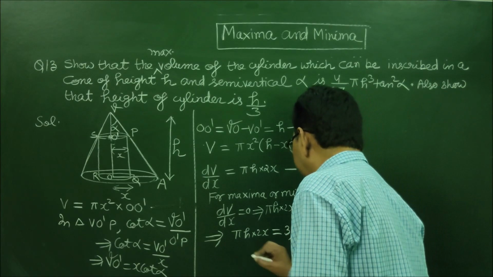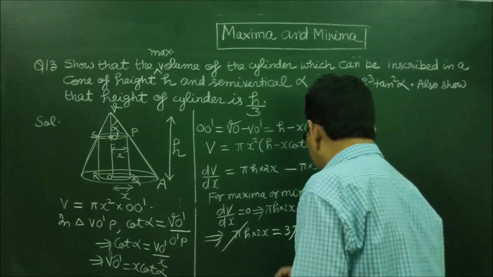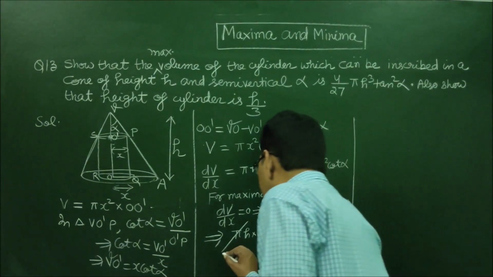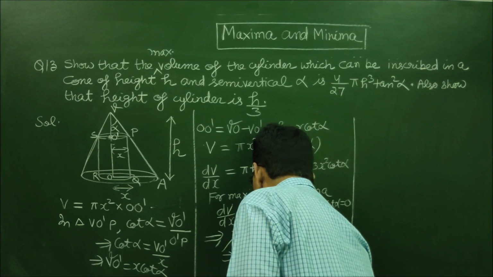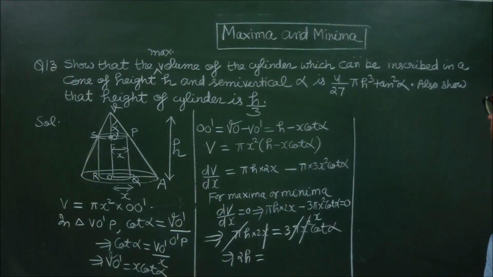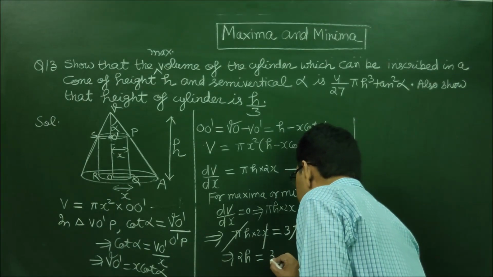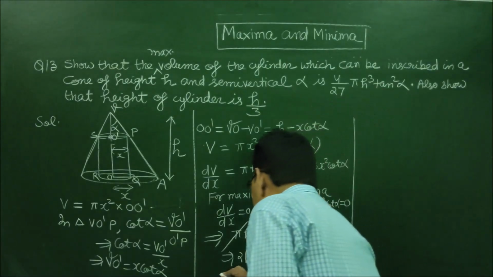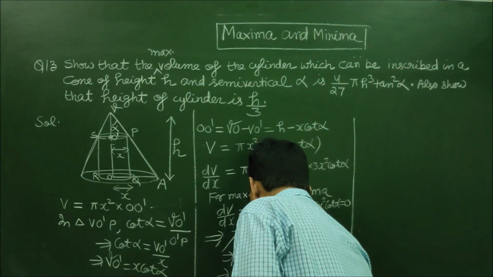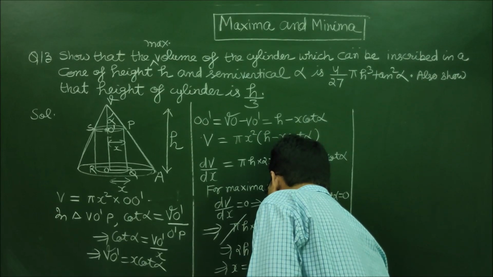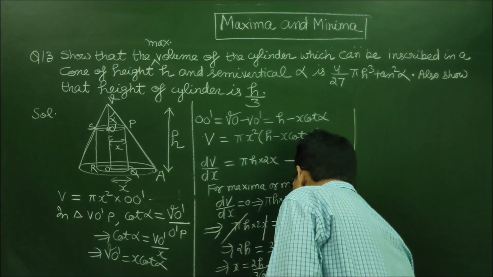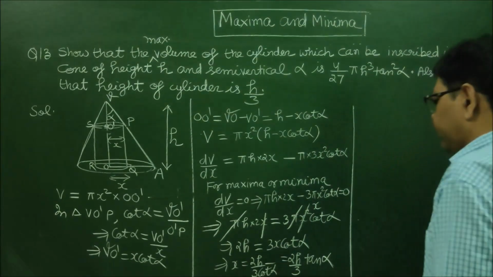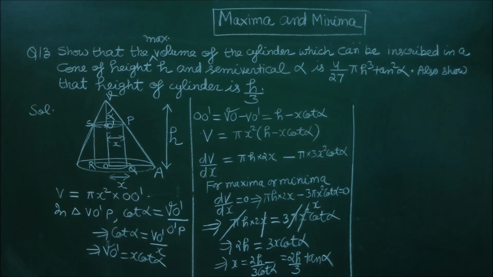Pi and pi get cancelled, and x is cancelled, so we get 2h is equal to 3x cot alpha, or x is equal to 2h upon 3 cot alpha, which is 2h upon 3 into tan alpha, since 1 upon cot alpha is tan alpha. So the value of x is 2h upon 3 tan alpha.